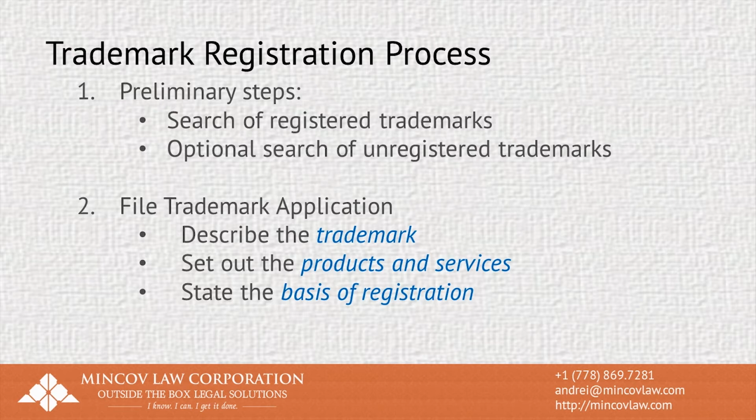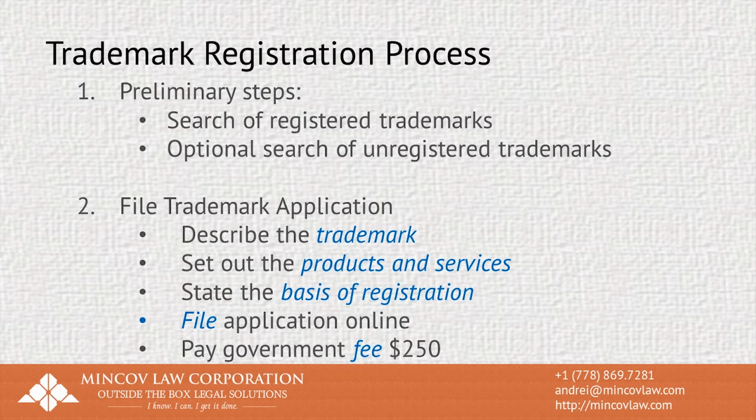And your trademark is used in association with services if you use it while rendering or advertising those services. Alternatively, if you're only planning to start using your trademark, you would use the proposed use basis. The application is filed online together with a government fee of $250.